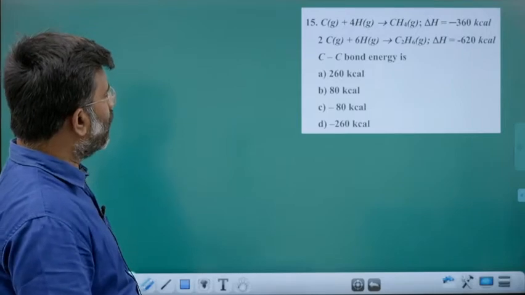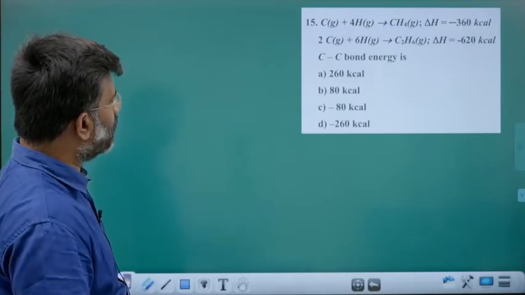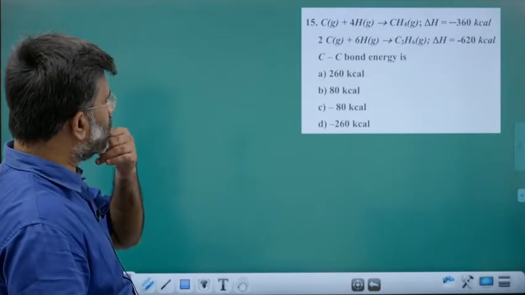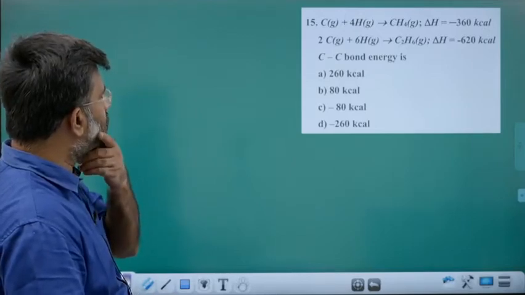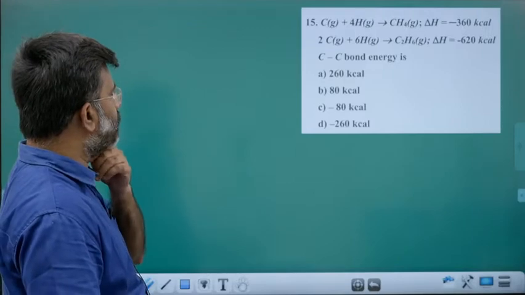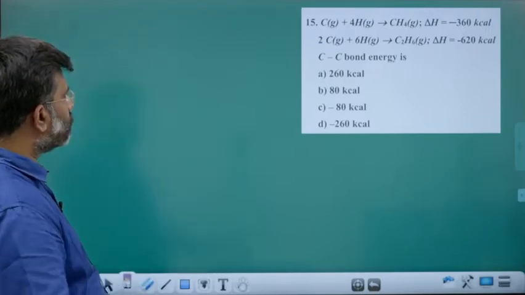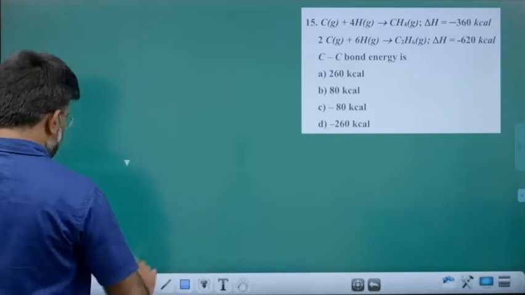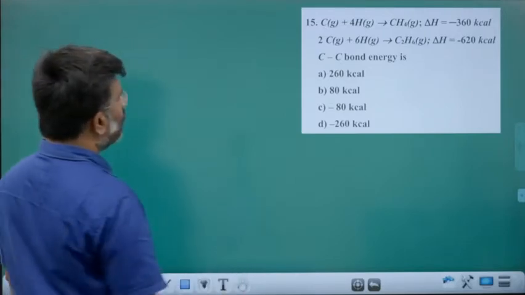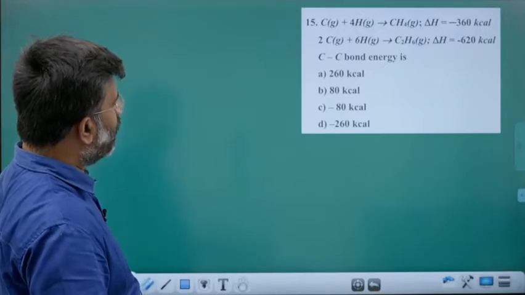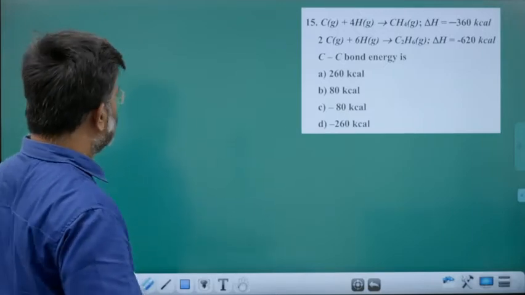Carbon plus 4 hydrogen gives methane, delta H given. 2 carbon plus 6 hydrogen gives C2H6, delta H given. The C-C bond energy is... You see, carbon plus 4 hydrogen gives methane with a delta H of minus 360.